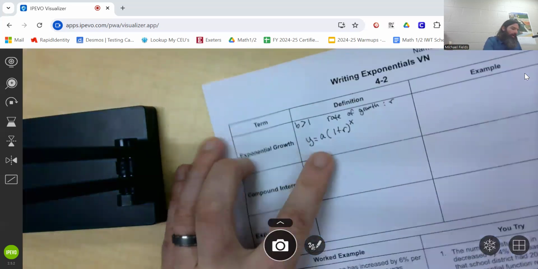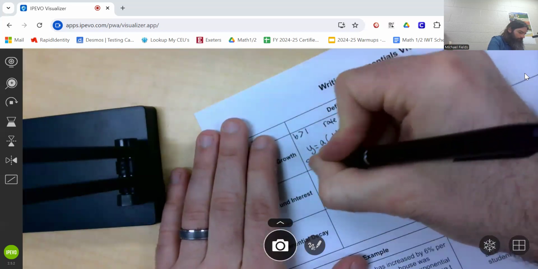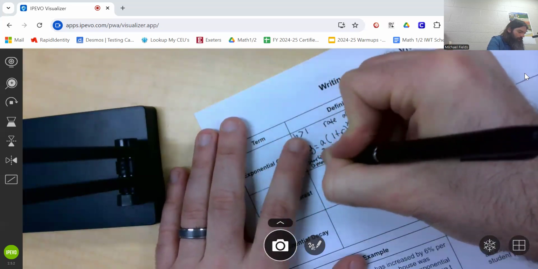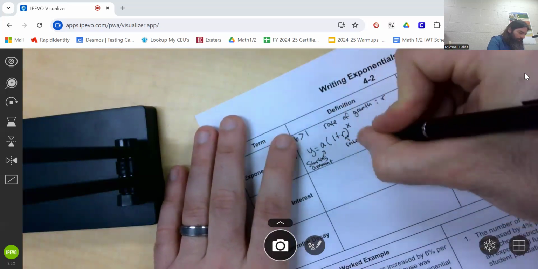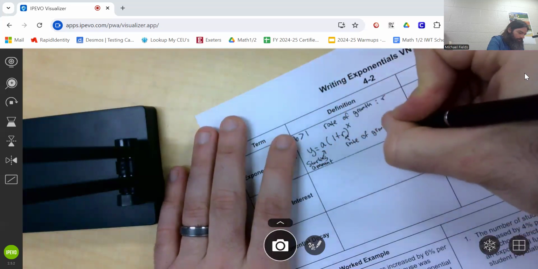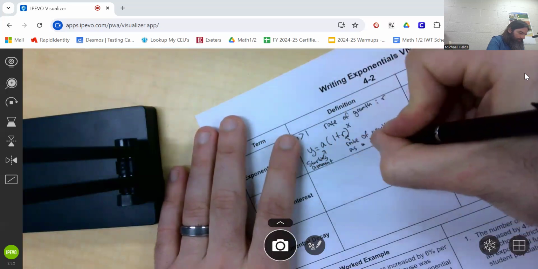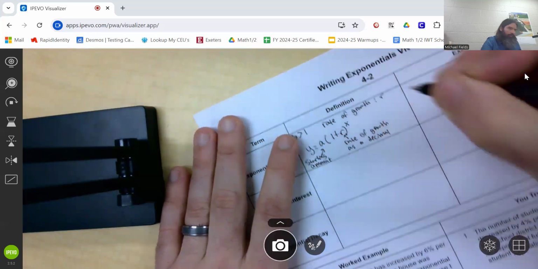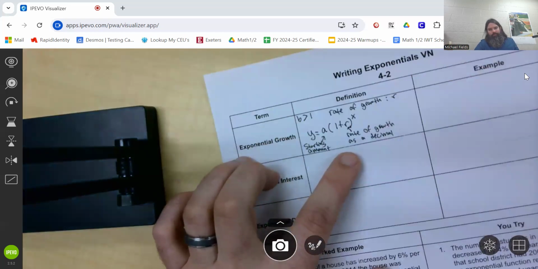So remember, A is our starting amount, and then R is going to be our rate of growth written as a decimal. Okay, so like 25% would be 0.25.